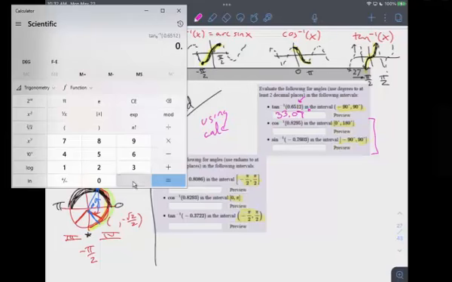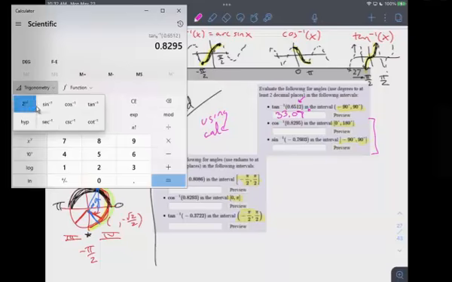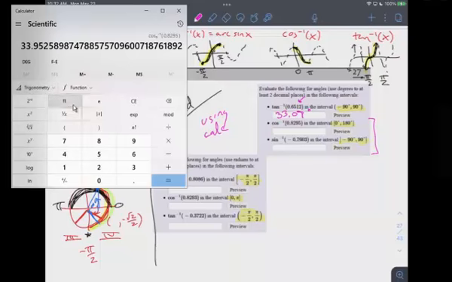If I take my ratio, 0.8295, and I take the inverse cosine of that, so second cosine gives me the inverse cosine, I get my angle to be 33.95. And that is the correct answer. And then finally, my last, what angle has a sine that's this negative 0.7603?